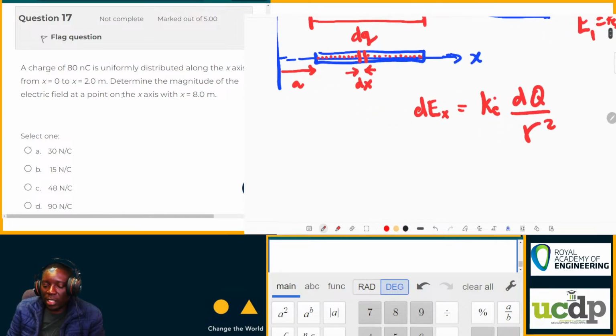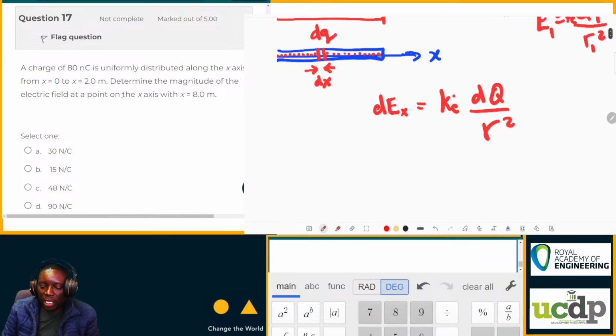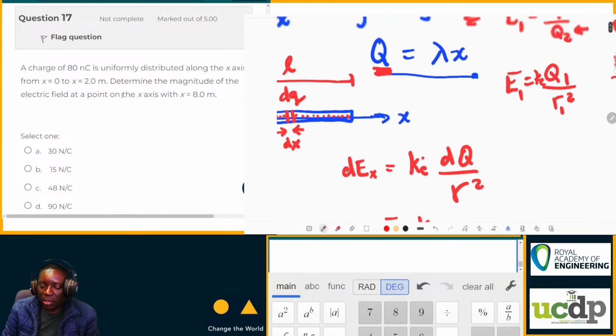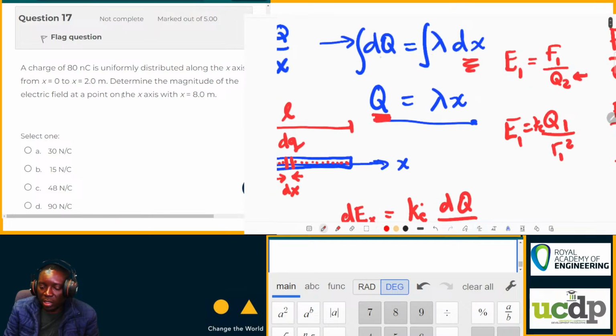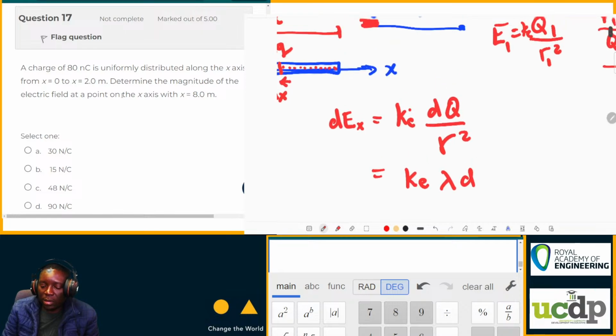So this will simply be an integral for the charge along the x, where we represent our dq as lambda dx.